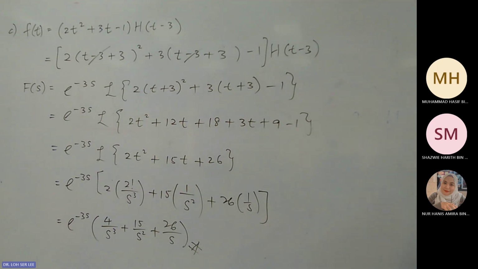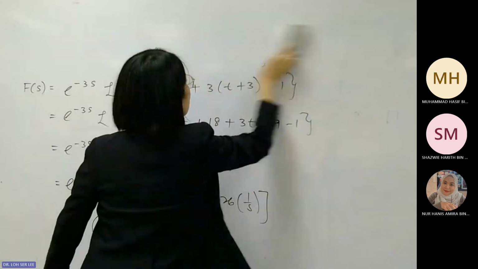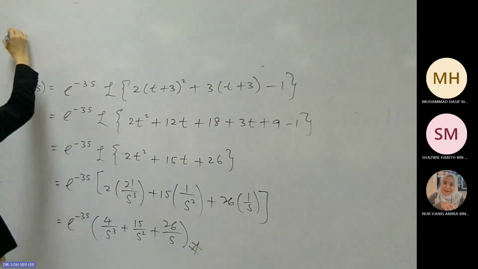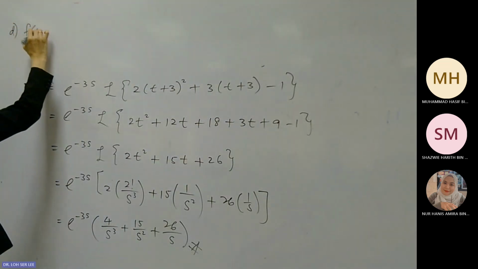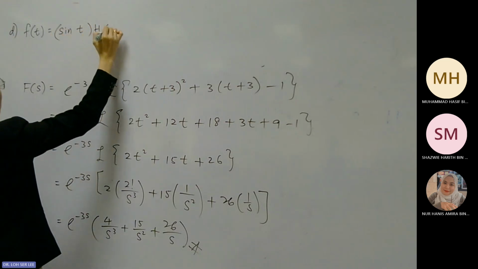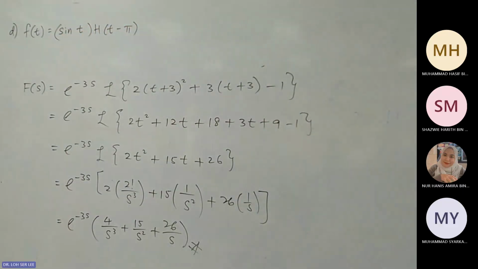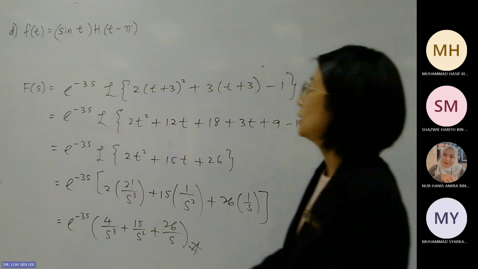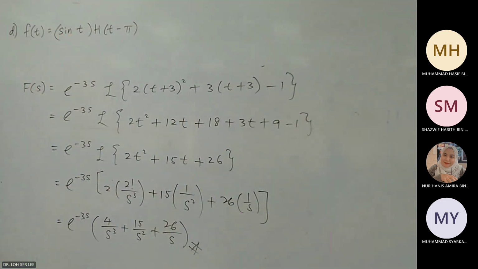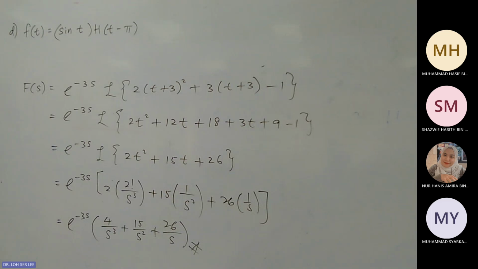Okay, now we look at the last question. So this one, you have to make sure this t has a t minus pi.